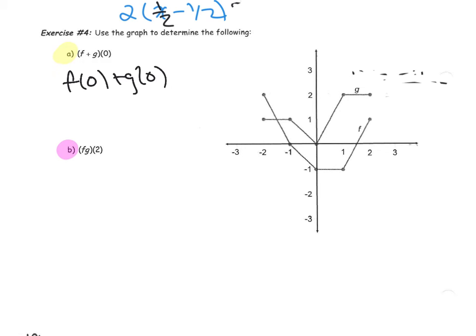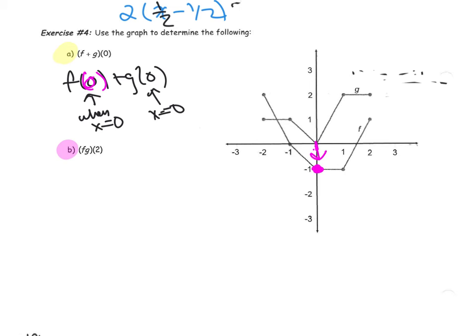We want to figure out what is f of 0. We want to figure out what's y when x equals 0. So let's do f of 0 in pink. When x is 0 here, for f, we have a value at -1.